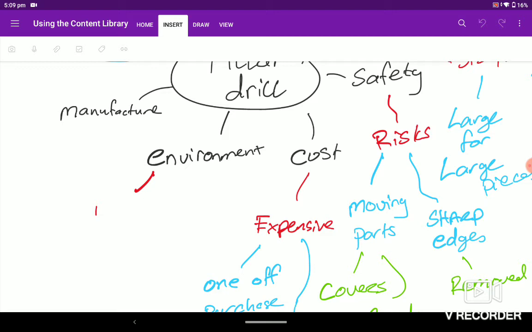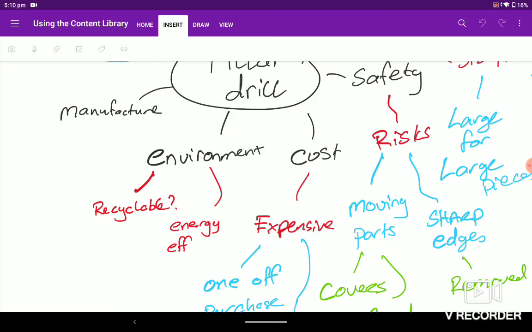I'm just waiting for that to load. It's taking its time. Energy efficient, not so much. Is it energy efficient? No. The reason I say that is because it needs power. Power is essential. If it's energy efficient, it's going to be reducing power.